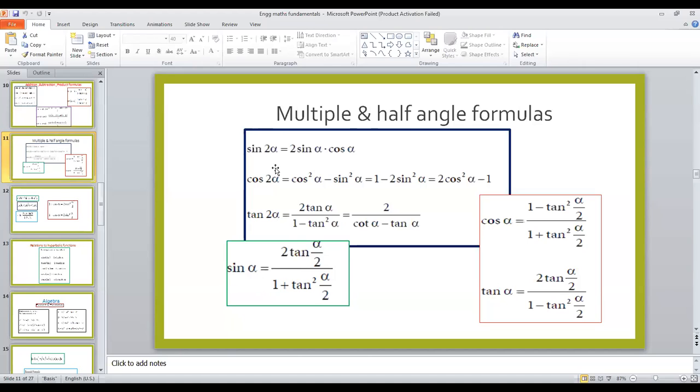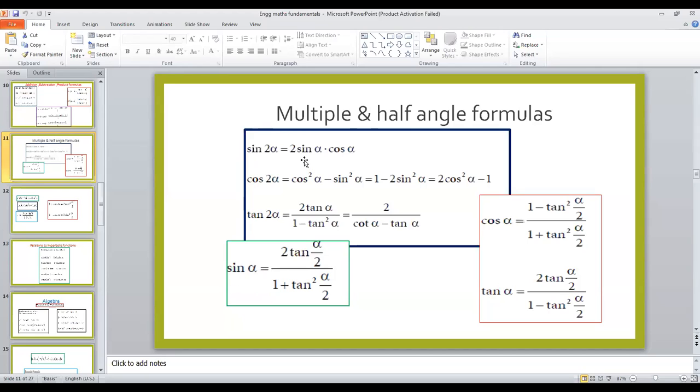You know here sine 2 alpha. Can you find the half angle formula? Dividing the angle by 2 on both sides, what are you getting? Sine alpha is 2 sine alpha by 2 into cos alpha by 2. And the denominator is what? 1. 1 means what? Will you express that in the form of half angle?